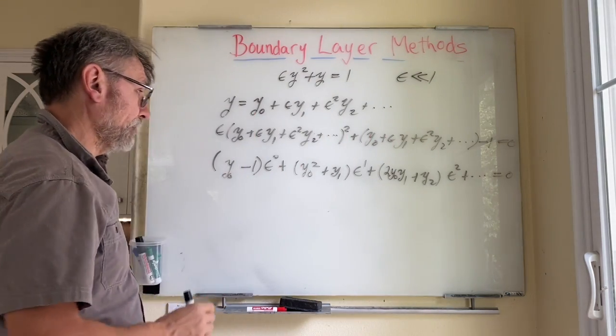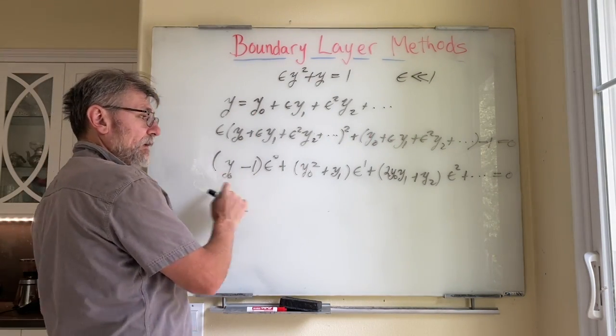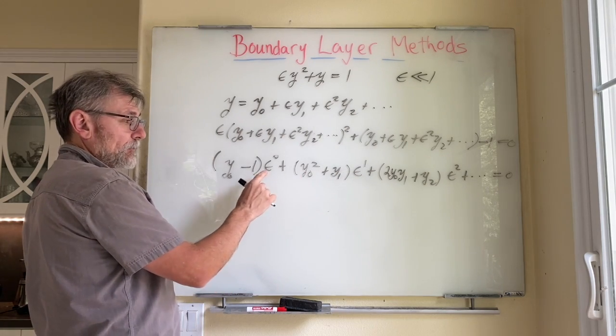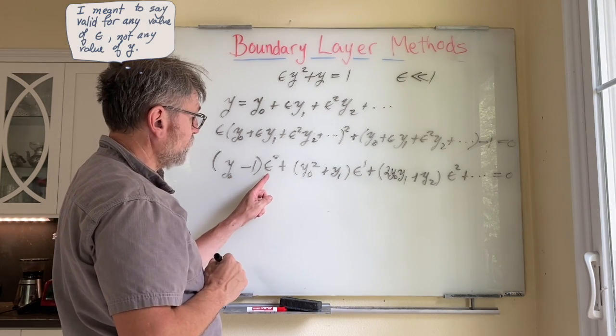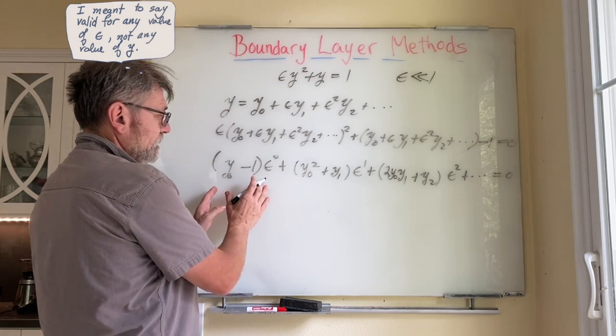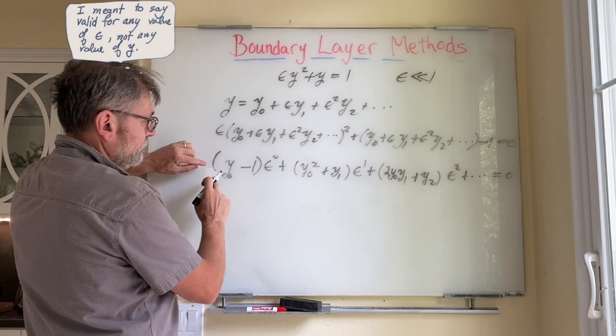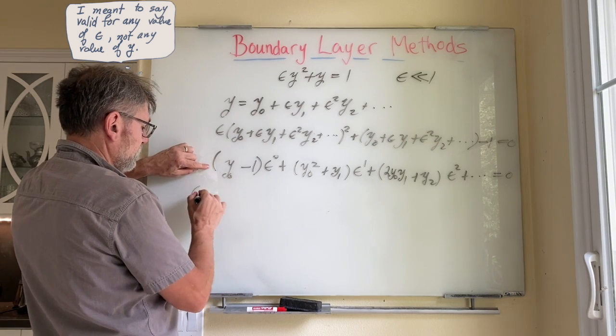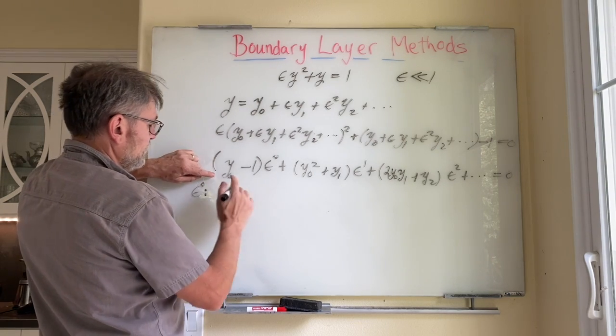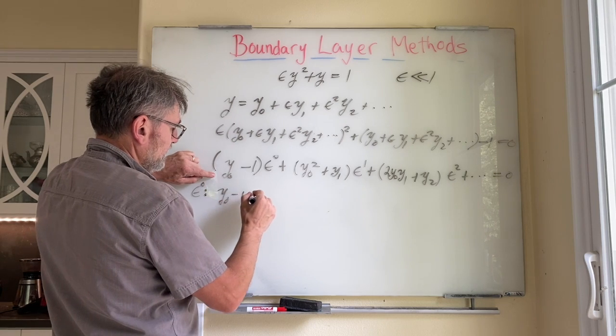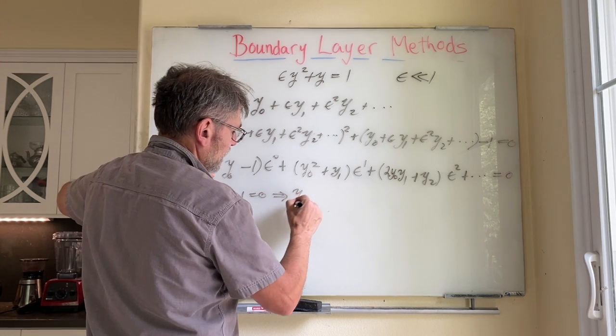And as before, we want this equation to be correct for any value of epsilon. So as epsilon goes to 0, this term doesn't depend on epsilon, whereas these ones are all going to 0. So if that's going to be valid, then the first term has to go to 0. That means y naught minus 1 is equal to 0, which means that y naught is equal to 1.